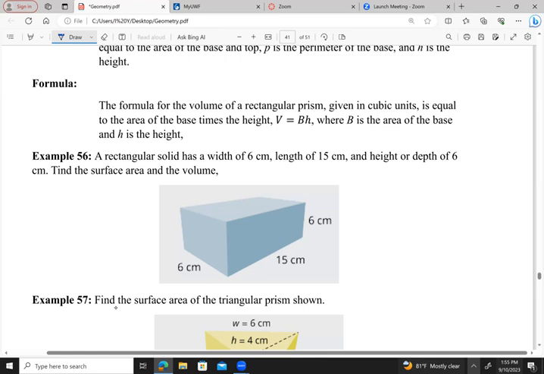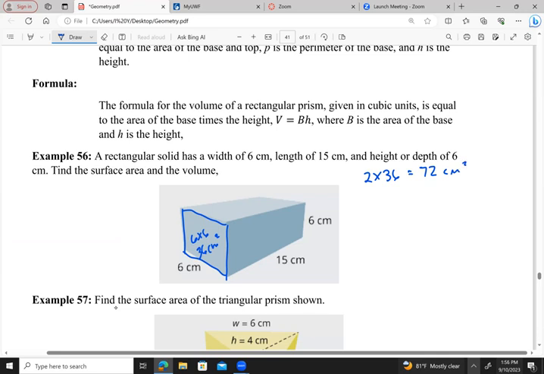So I have this rectangle, which actually happens to be a square, and I have it twice on both sides. So the area here is 6 times 6, which is 36 square centimeters. So I have 2 times 36, which is 72, and that covers this and the opposite side.